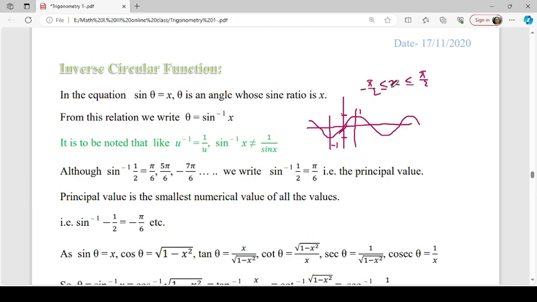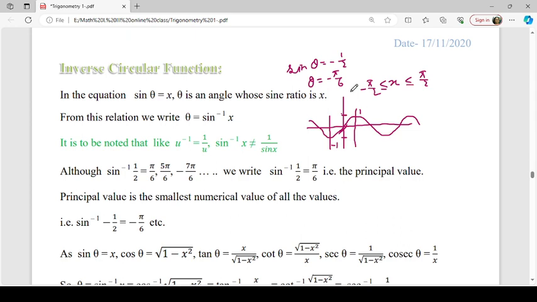So when we say sin theta is equal to minus half, we take the negative values. So here this is 1, minus 1, this is minus half, so we consider this part. So x is minus of pi by 6, so theta is minus pi by 6.